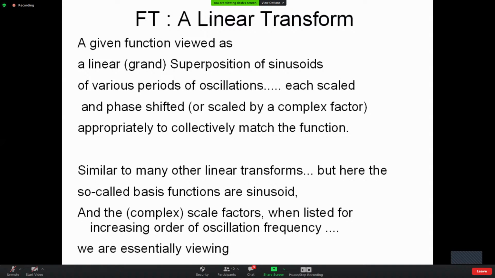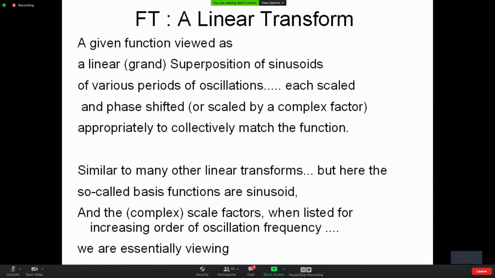And so when you get this fit with a large number of sinusoids with amplitudes for sine and cosine, you can combine the two if they are at the same frequency and define a complex scale factor which will have a magnitude and a phase.